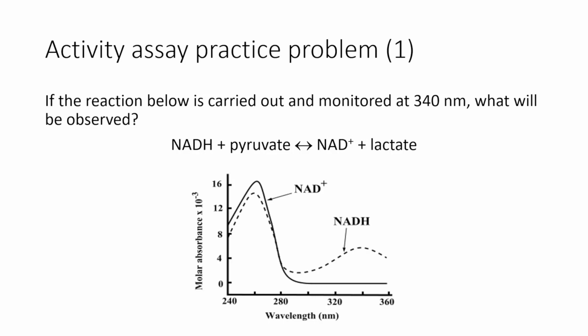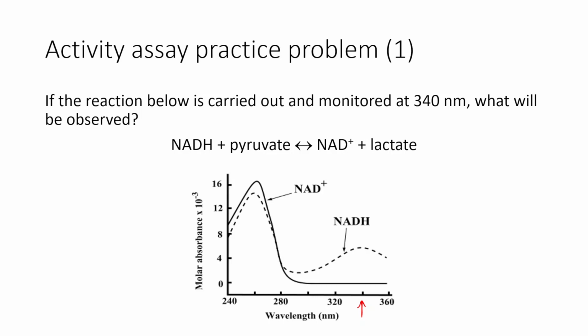And we're monitoring the reaction at 340 nanometers. So what are we monitoring when we're looking at the absorbance at 340 nanometers? Are we looking at something getting consumed or something being produced by our enzyme?